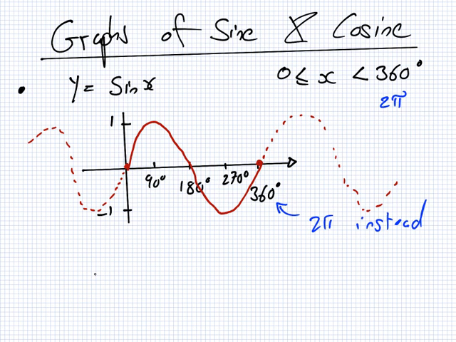Now there's not much point in drawing a new graph for the next one, cos x, because cos x is nearly the same. The only difference for cos x is it starts on a 1, whereas sine starts in the middle. Cos x starts at the 1, goes down, it's at its lowest at 180, and then at its highest at 360.